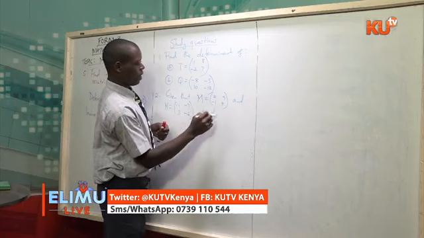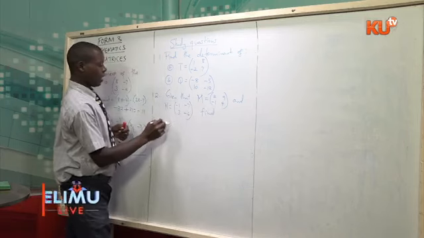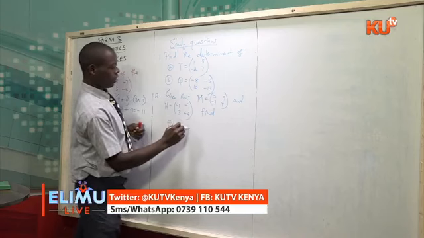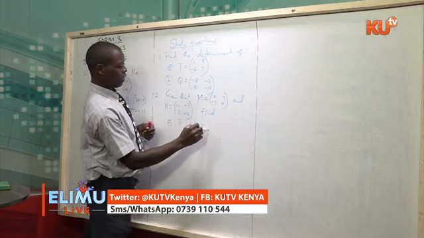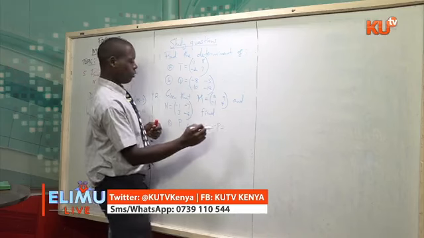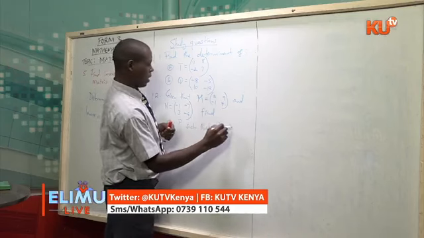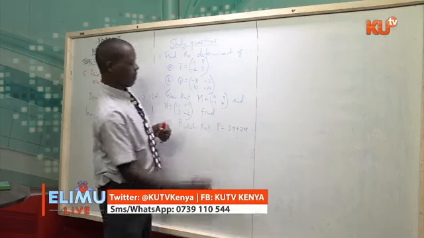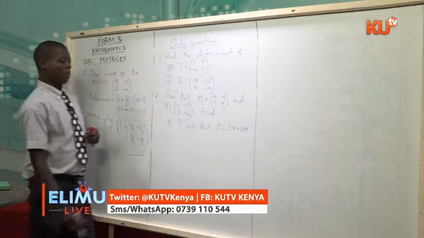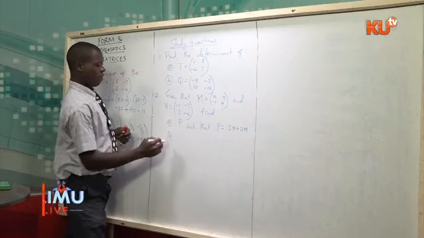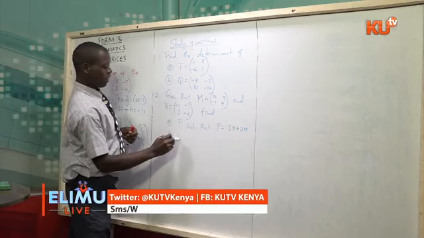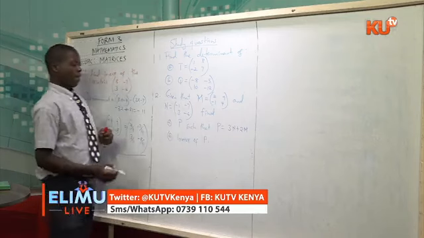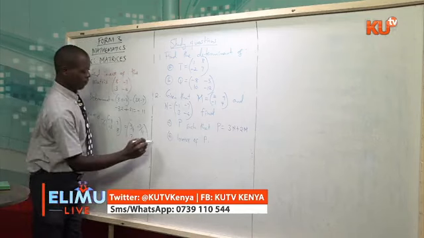Part A, find the matrix P such that P is equal to 3N plus 2M. Part B, you find the inverse of P.